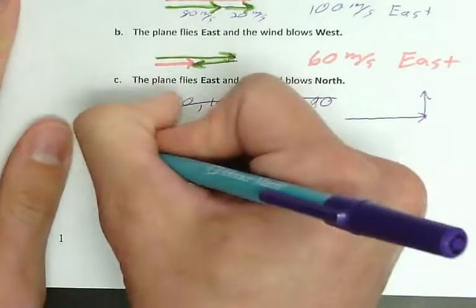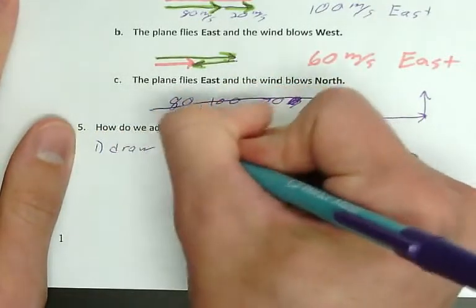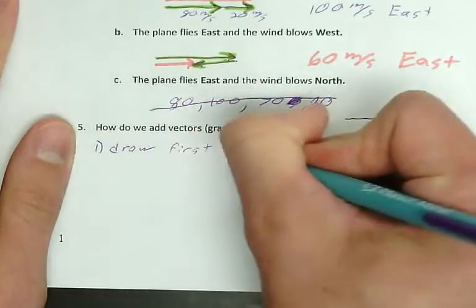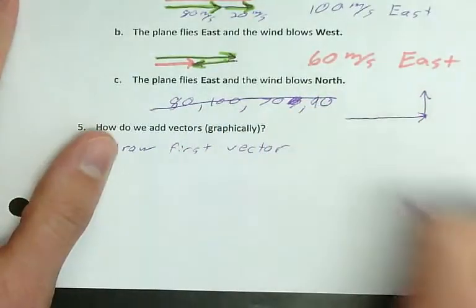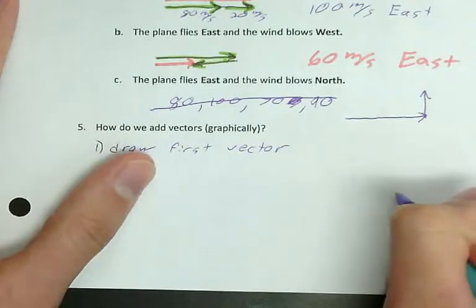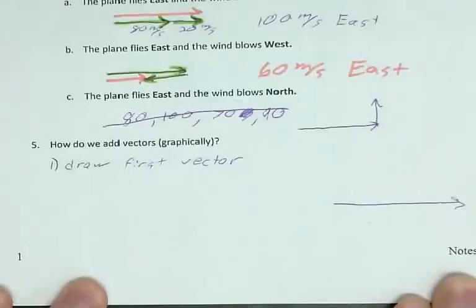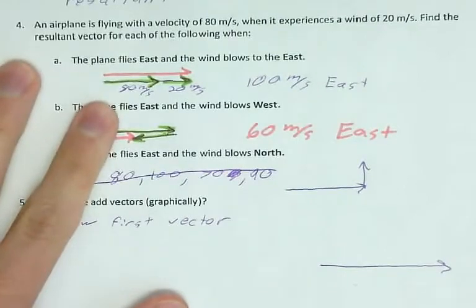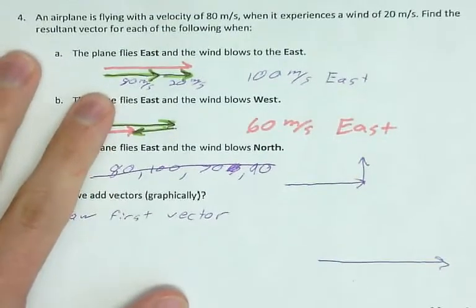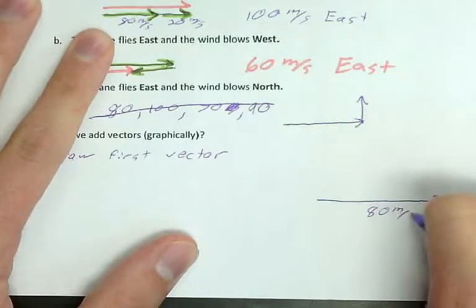And it works like this. The first thing you do is you draw your first vector. So all you do is you just draw an arrow. Now you need to draw it in the correct direction, and you should try to keep the size in mind. So 80 and 20 are the two vectors. So it's 80 to the east, and it's larger than the other one. So I'm going to make it kind of big.